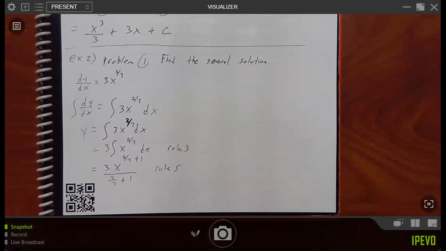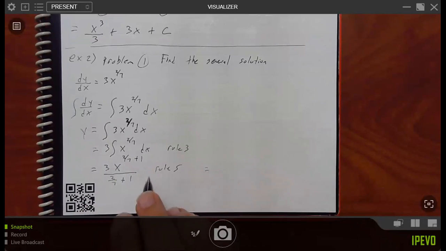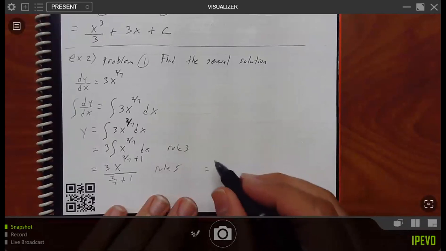That makes sense. If you look at rule 5, you just add 1 to whatever power is there. Although our power is now a fraction, so that kind of sucks. 2/7 plus 1 is going to be what? 9/7, right?